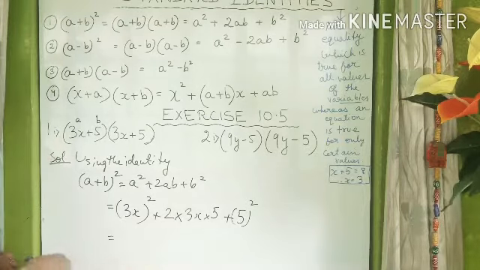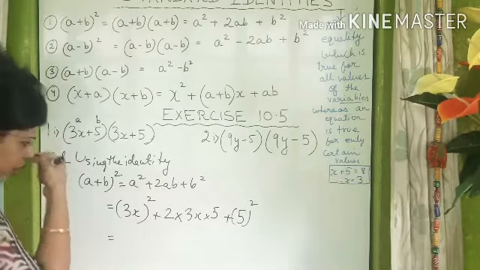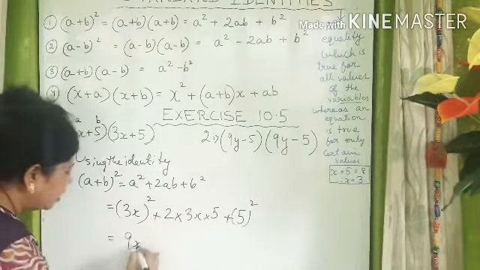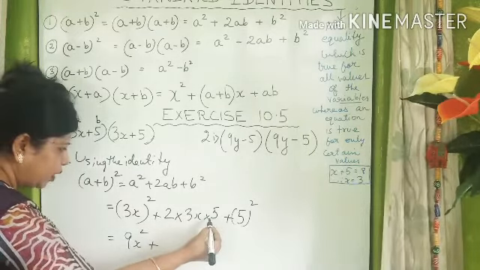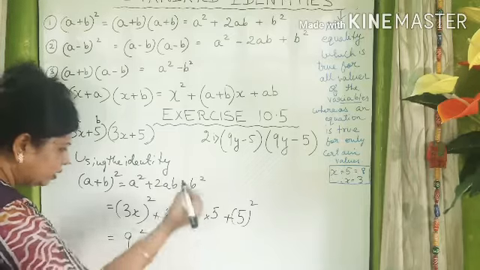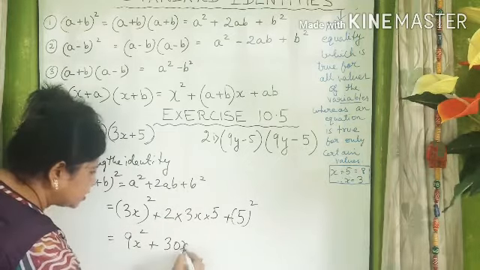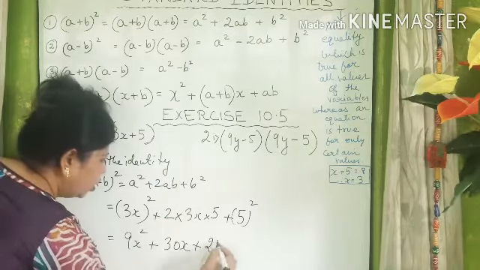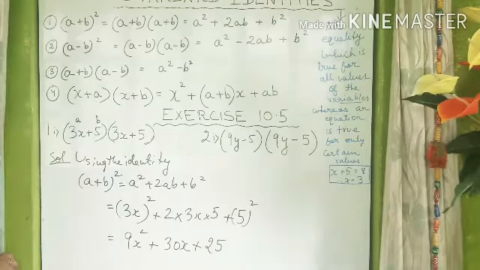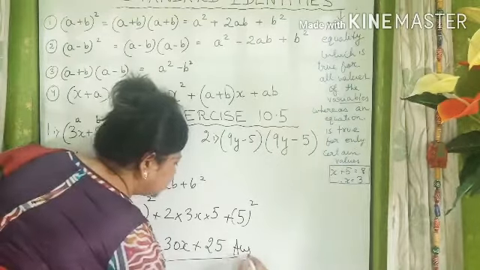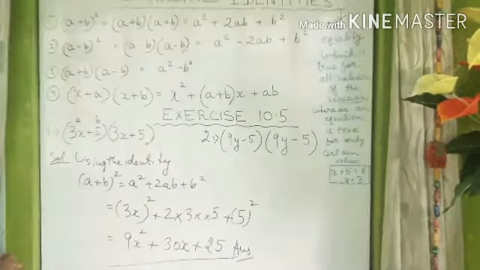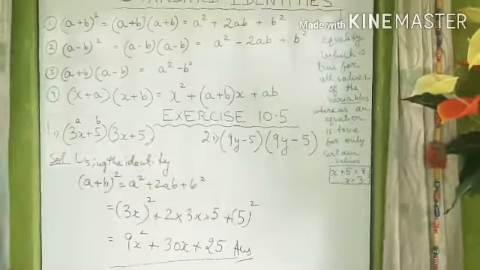So (3x) whole square means 3 square is 9, 9x square, plus 2 into 3 into 5. 5 twos are 10, 10 threes are 30. So plus 30x plus 5 square, 25. So your answer is 9x square plus 30x plus 25. That's your answer. This is the first question.